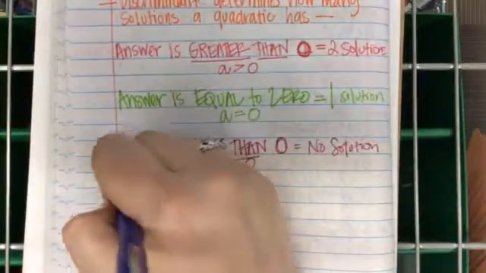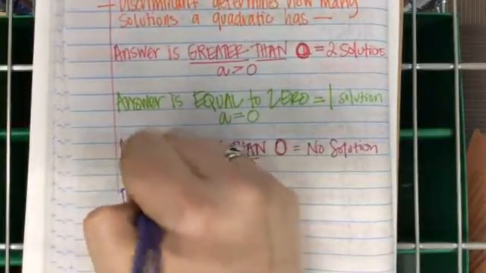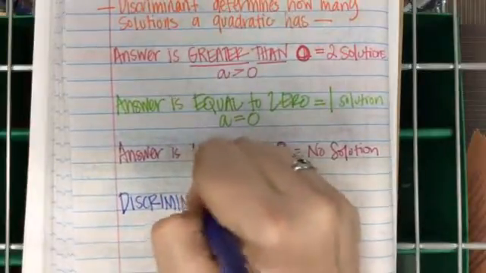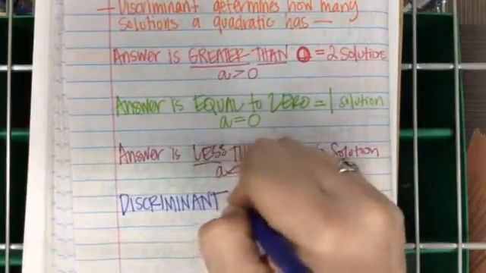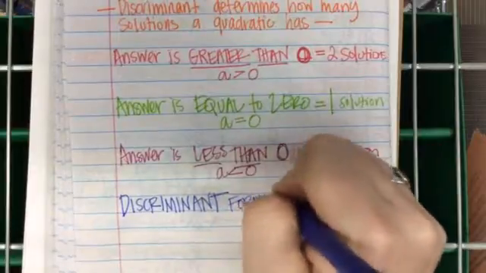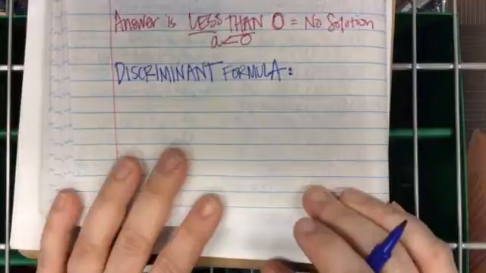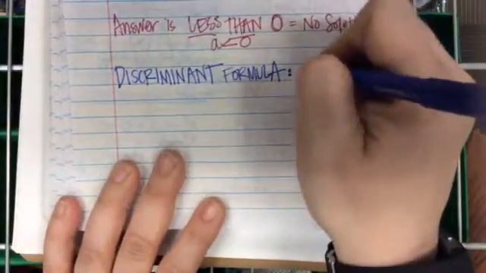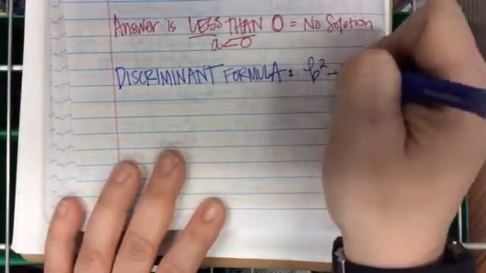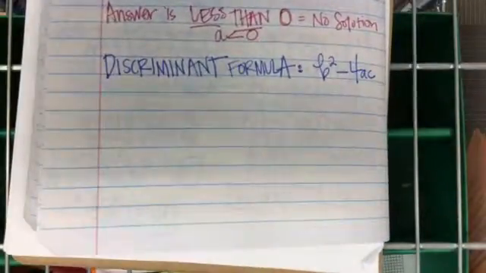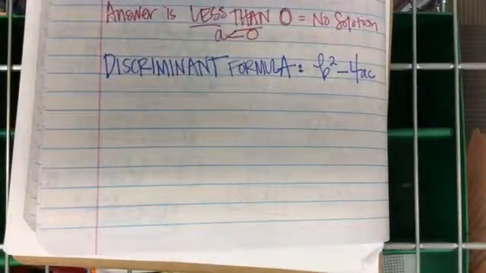All right, here's the discriminant formula. The discriminant formula is b squared minus 4ac, which is part of the quadratic formula.